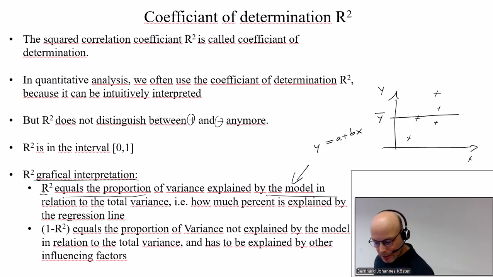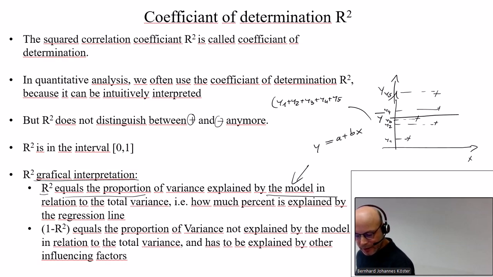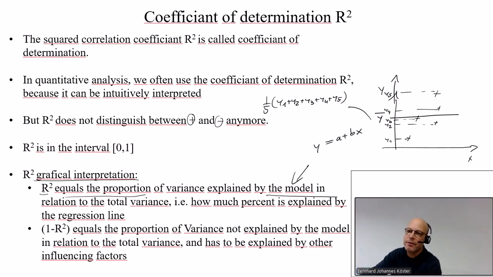Summing all this would be here y1, y2, y3, y4, and y5. And so y bar is then y1 plus y2, y3, y4 plus y5 divided by 5, just the arithmetic mean.